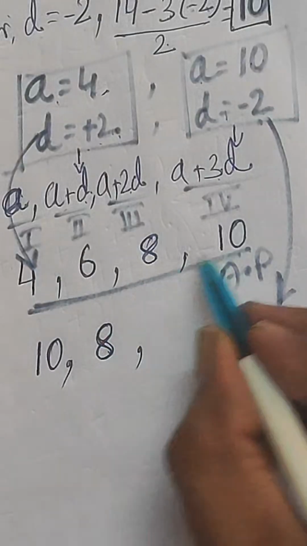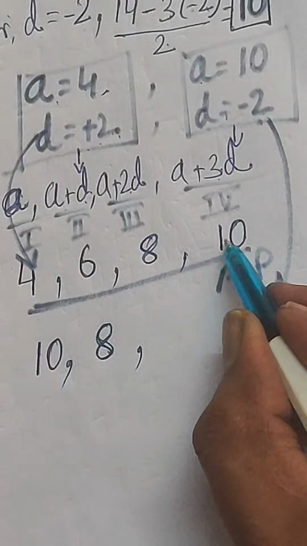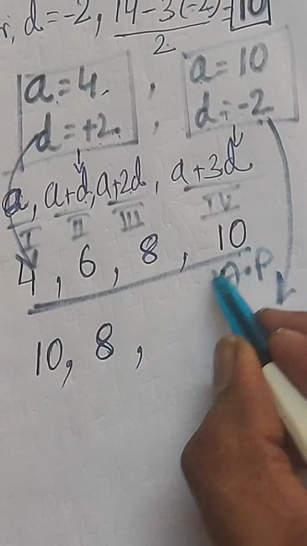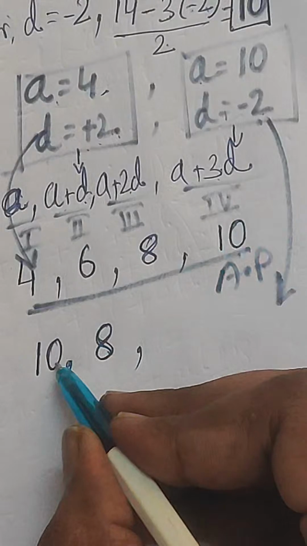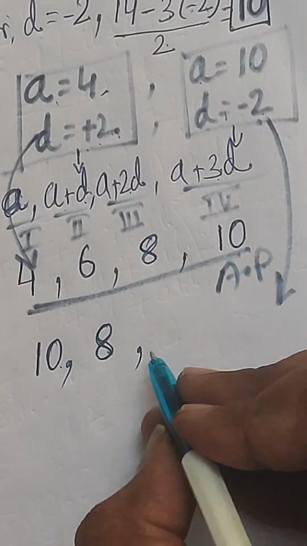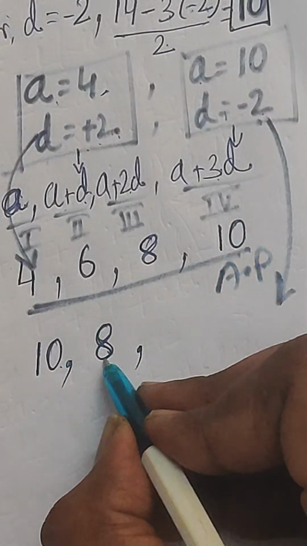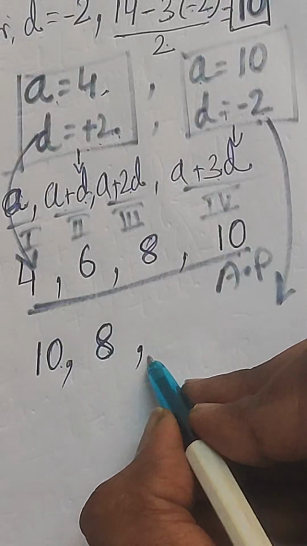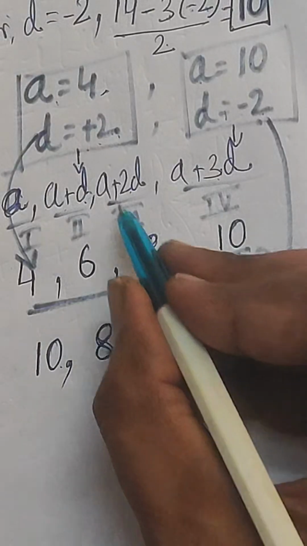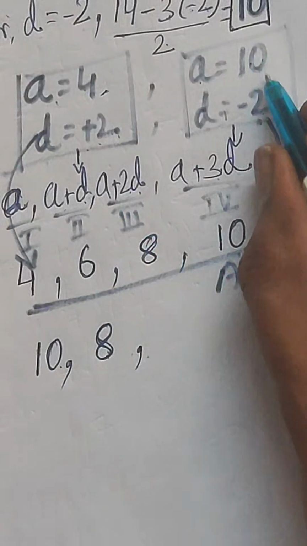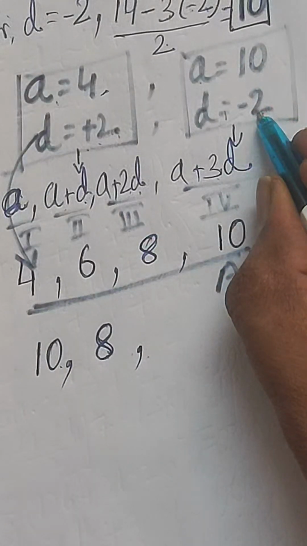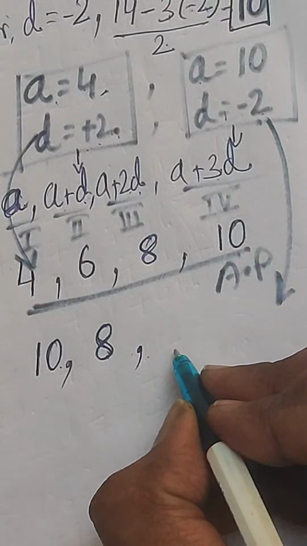You can see this is coming in the reverse direction. The last term of the first series is coming as the first term of the second series of AP. So the second term of AP will be 8 and the third term will be A plus 2D.